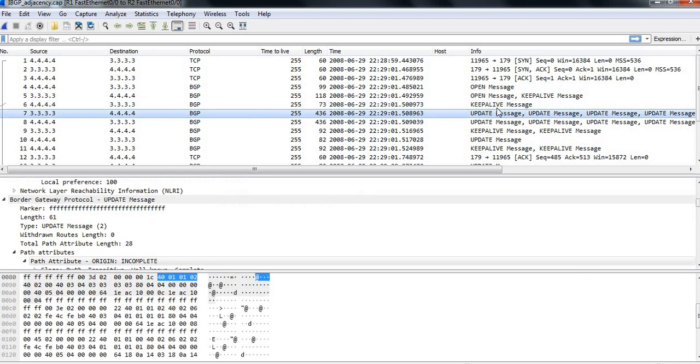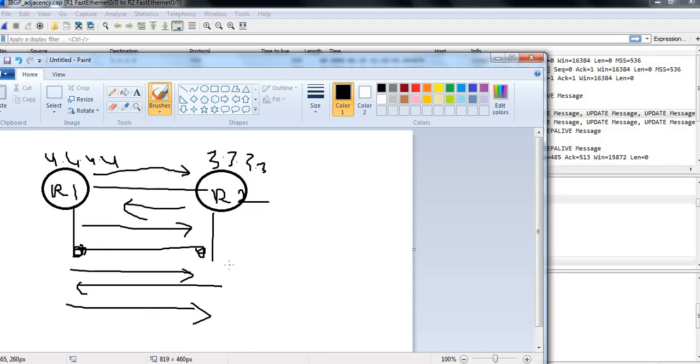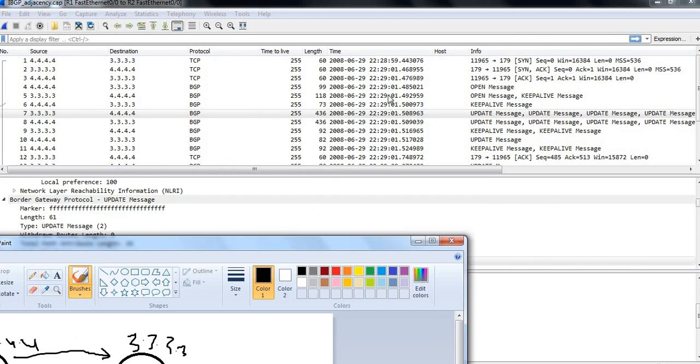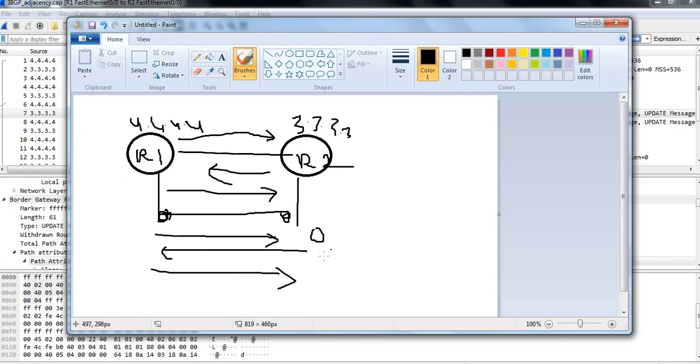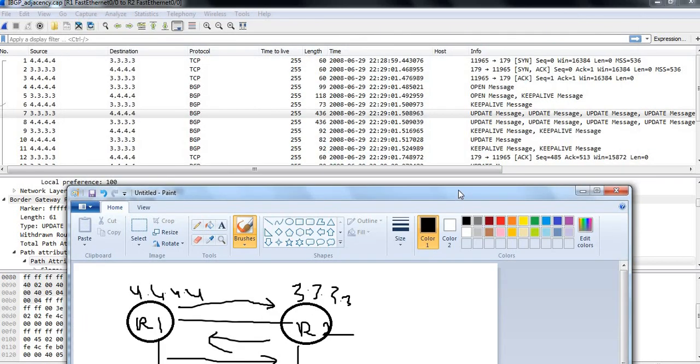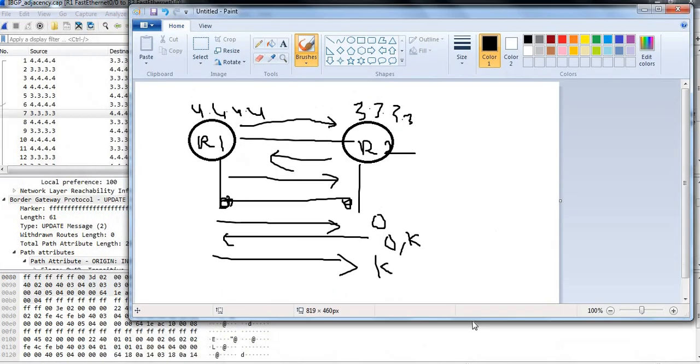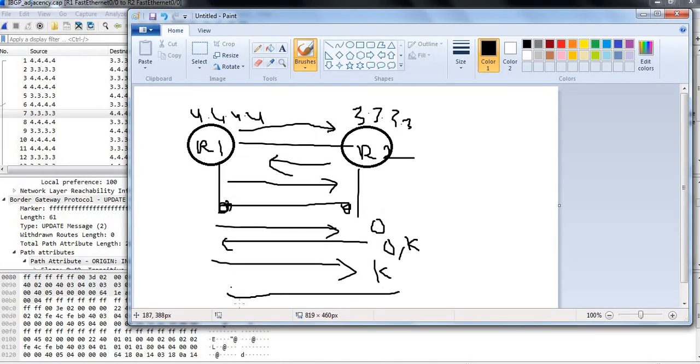Once the keep alive messages start flowing between the two routers, let's look at the open message. Router 2 has sent open plus keep alive, and then router 1 has sent a keep alive message. Once router 1 has sent a keep alive message, router 2 has sent an update message, and all the attributes are carried in the update message.